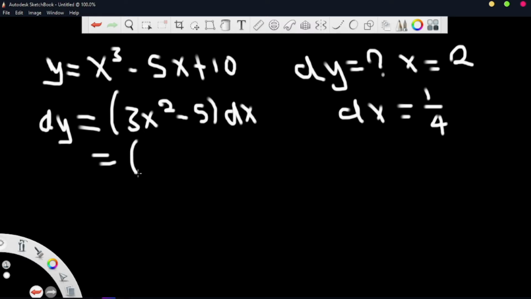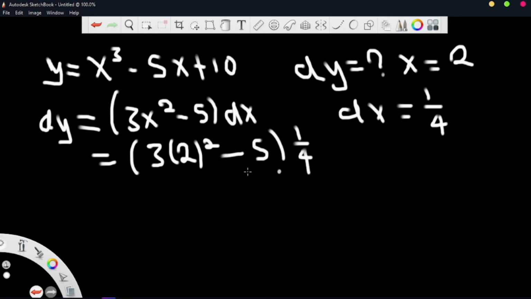So here I can plug in my value of x, which is 2, so I'll have 3 times 2 squared minus 5, and then my dx is 1 over 4. So I can go ahead and solve this.